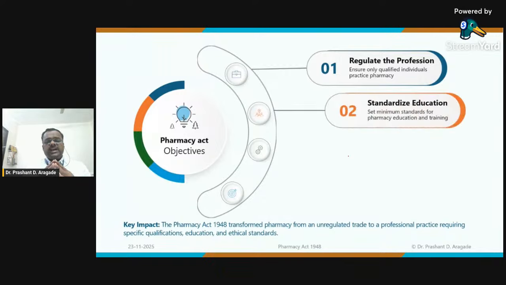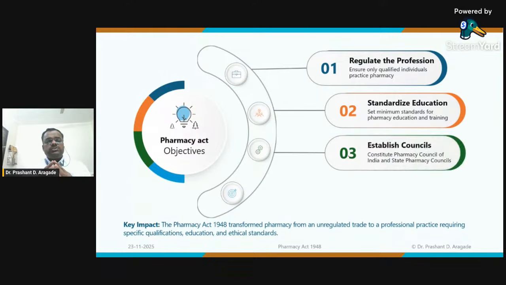Then the Pharmacy Act was implemented to set the minimum standards for pharmacy education and training. The third objective of the Pharmacy Act was to establish the council. As per the provisions made in the Pharmacy Act 1948, it gives power to the central government to establish the Pharmacy Council of India, also called the Central Council, and a State Pharmacy Council for each state.